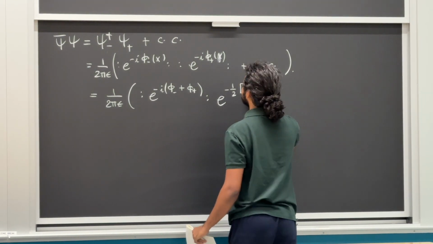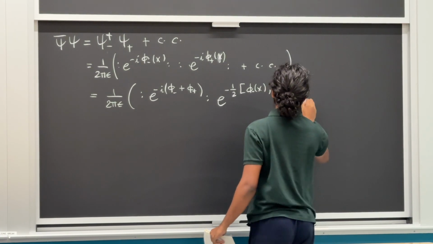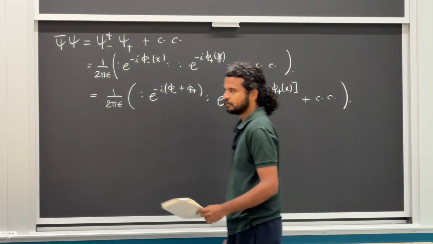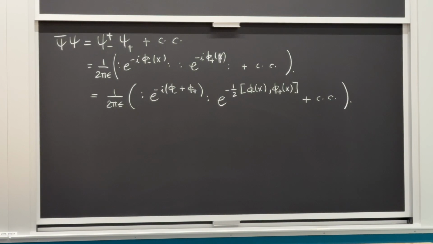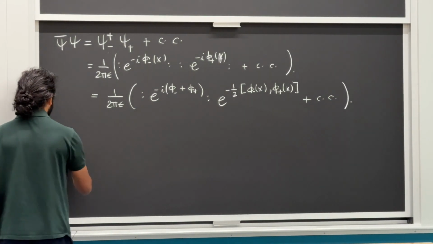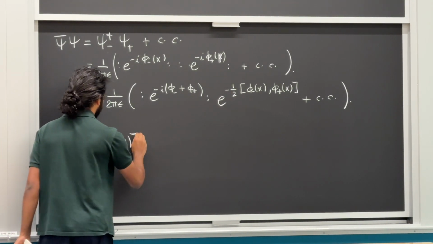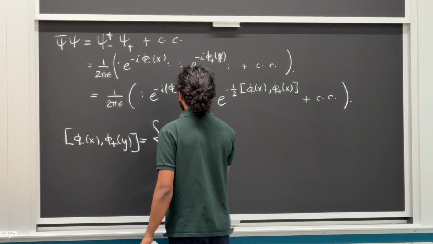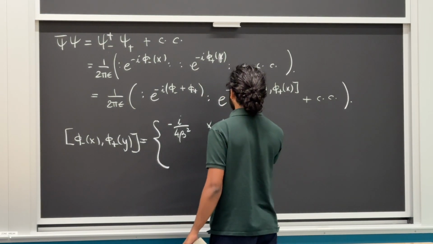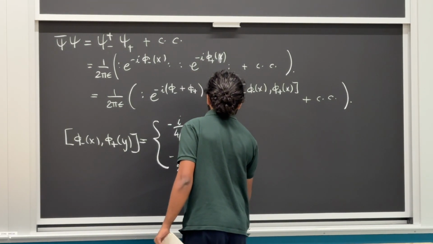Phi minus x, phi plus, and this commutator we derived last time, and I remarked that there's a special feature that we will need. So if you remember from last time, phi minus x phi plus y, we derived it to be minus i by 4 beta squared if x is not y, minus i by 2 beta squared if x is y.